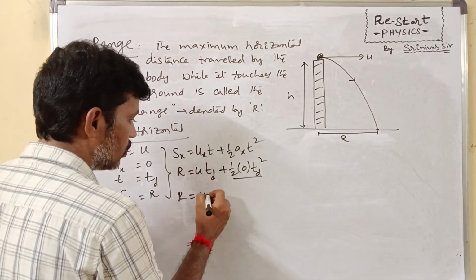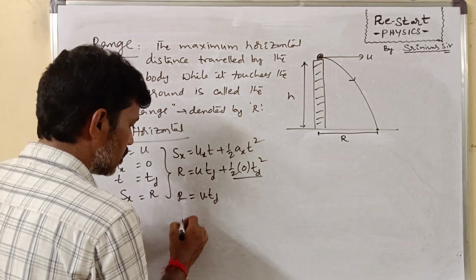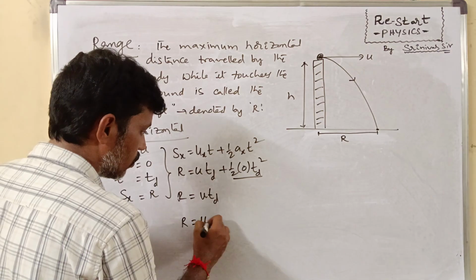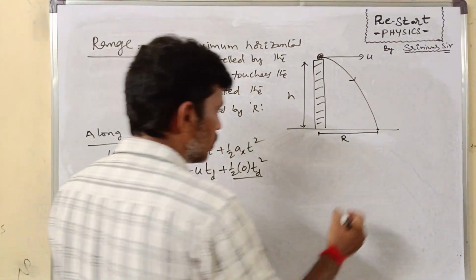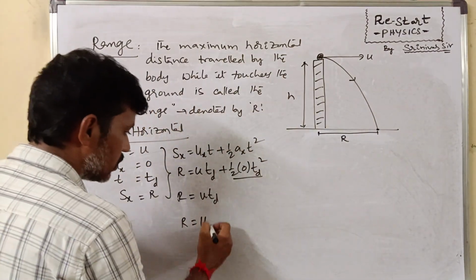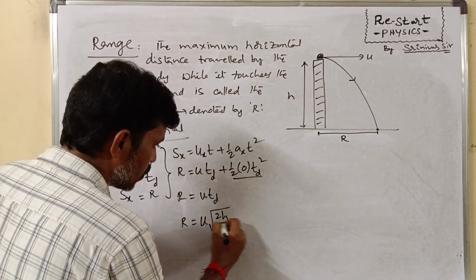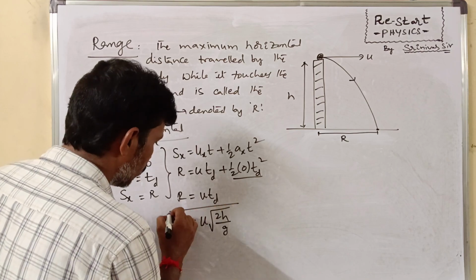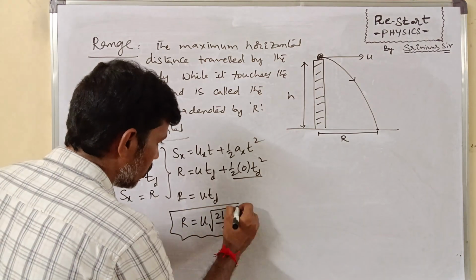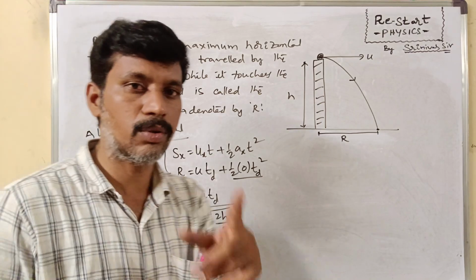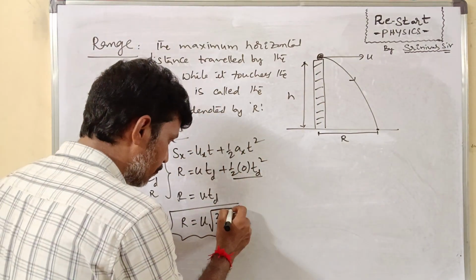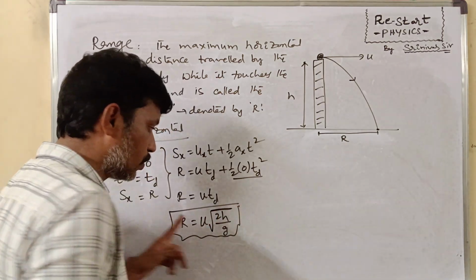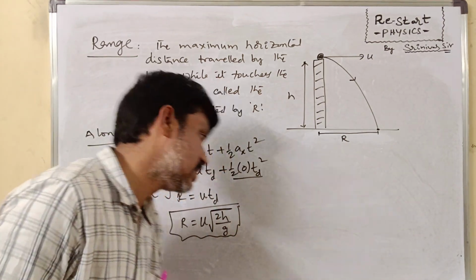R is equal to u into td. Already we found out time of descent td is equal to root of 2h by g. Therefore, range of the horizontal projectile R is equal to u into root 2h by g. Understood?